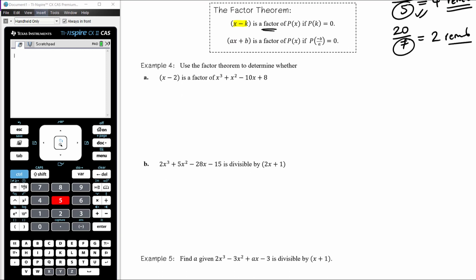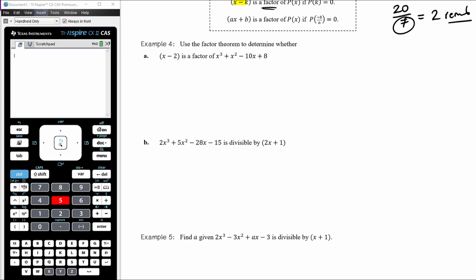So use the factor theorem to determine whether x minus 2 is a factor of x cubed plus x squared minus 10x plus 8. Okay, so we know that the remainder would be found by working out what p of 2 is. So that would be 2 cubed plus 2 squared minus 10 times 2 plus 8.